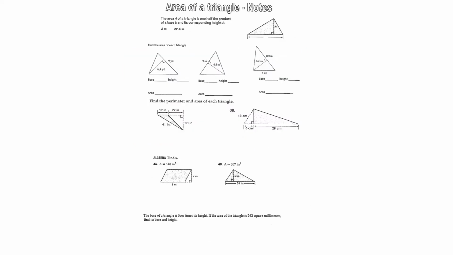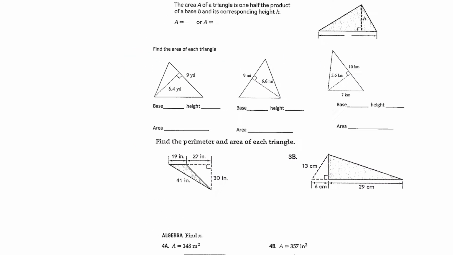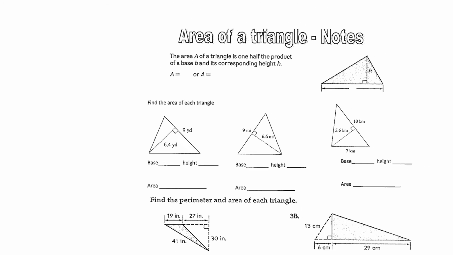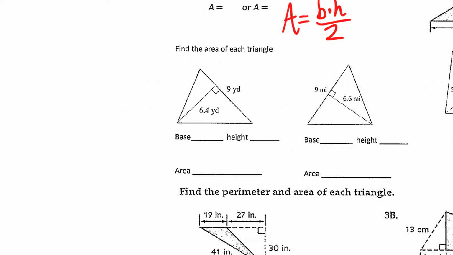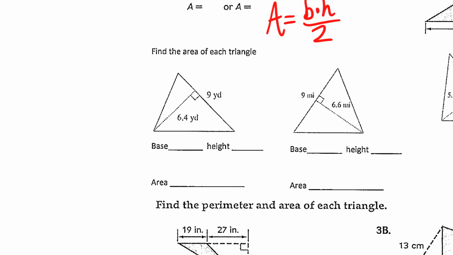Okay, so let's look over here. Remember, area is base times height divided by 2. Base times height divided by 2. So on this one right here, we can't measure it. We're just using the numbers that they gave to us. So what would be the most obvious thing to use for the base on this one? 9, would be the 9. Good.